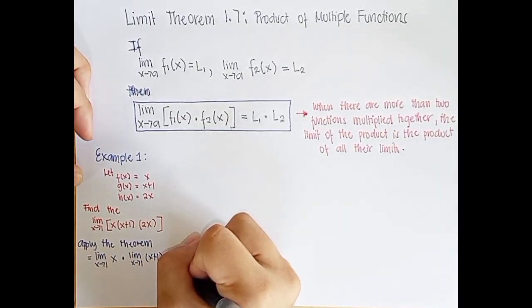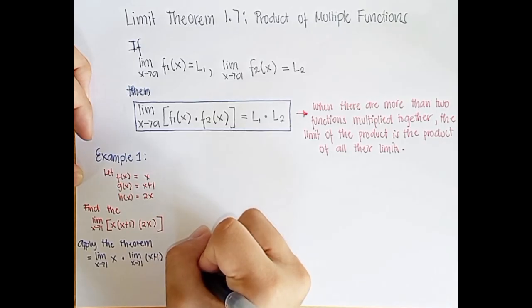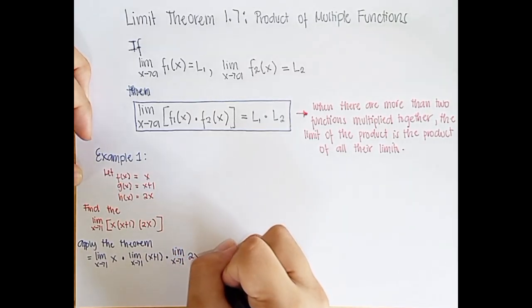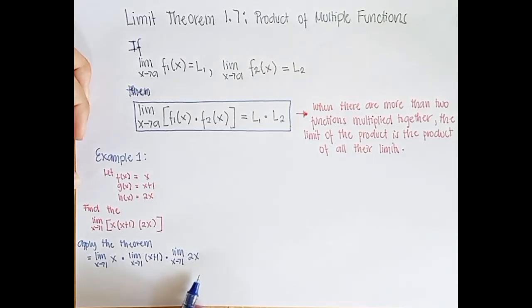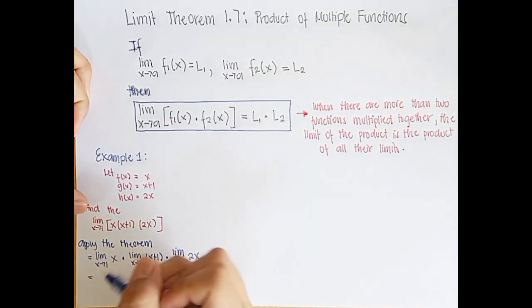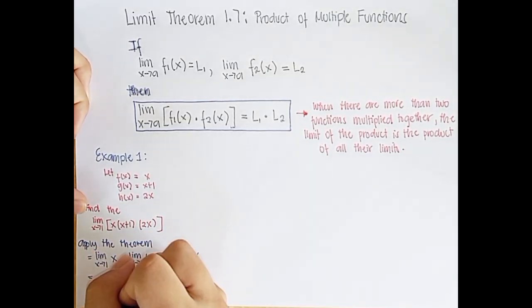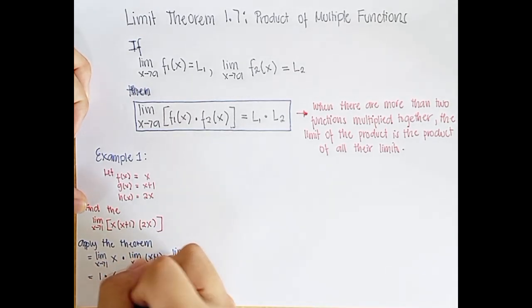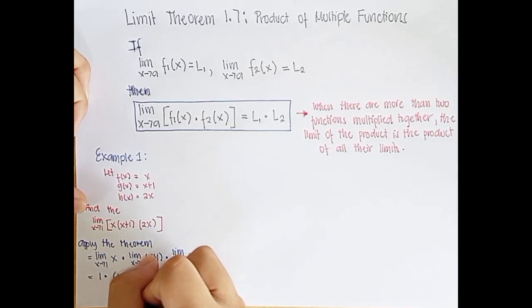So the limit as x approaches 1 of x times the limit as x approaches 1 of x plus 1 times the limit as x approaches 1 of 2x. Now, let's substitute the value of x. So x is simply 1, so 1 times 1 plus 1 times 2 times 1.